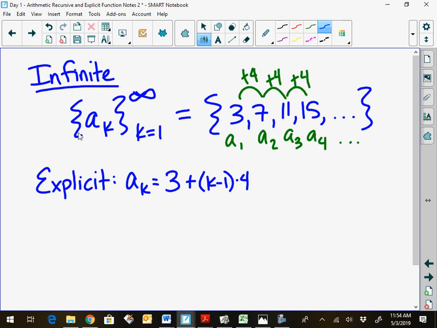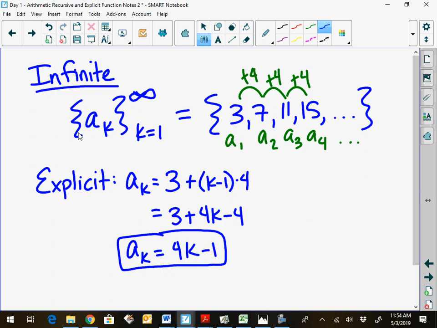And now let's write that in a nice, neat way. So let's distribute. And then we have a sub k equals 4k minus 1. So that's our explicit form. And then our recursive form, we can say that a sub 1 is equal to 3, and a sub k equals a sub k minus 1 plus 4.